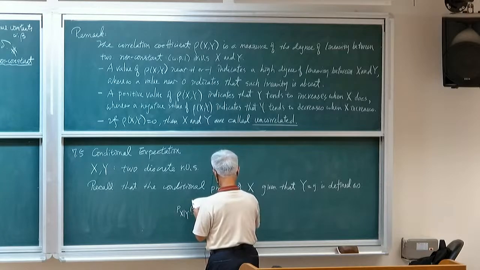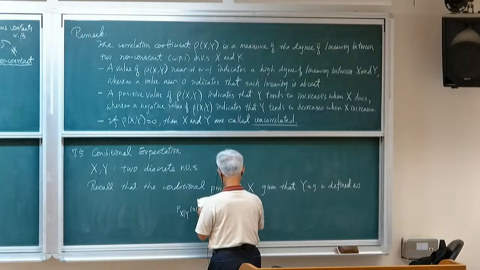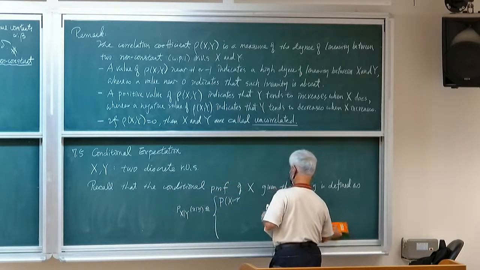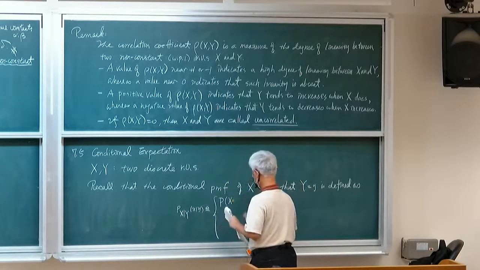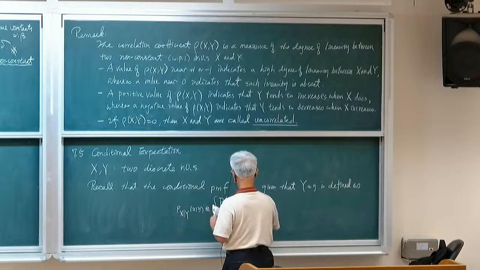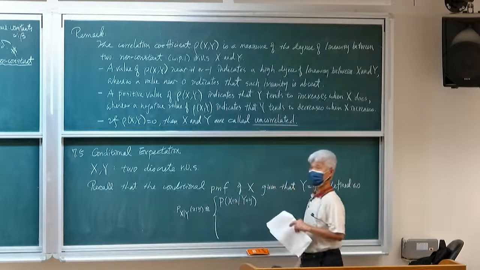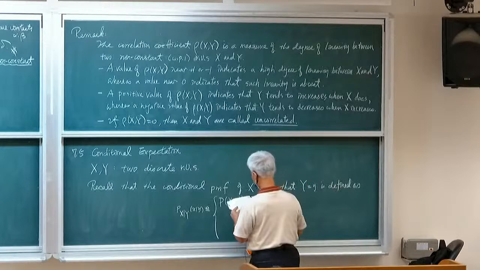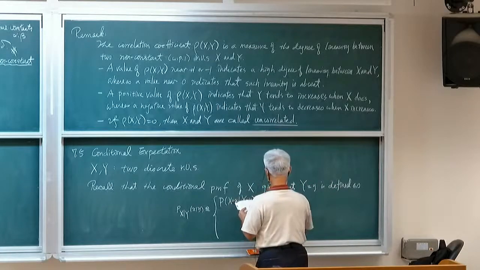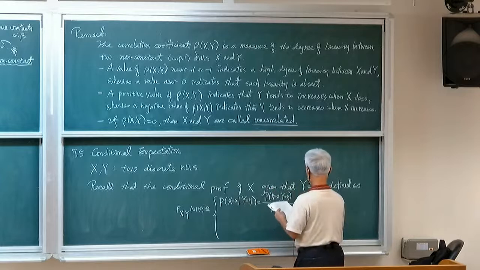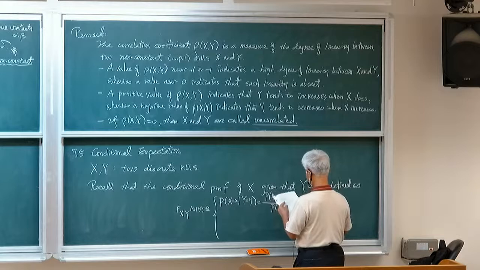It's the conventional conditional probability. So this is the probability of X equals x given Y equals y, that is the joint PMF divided by the marginal PMF.